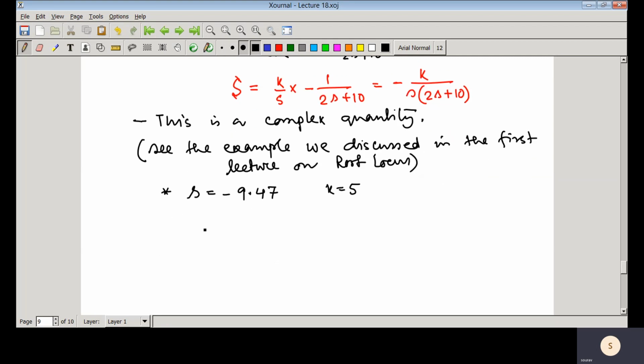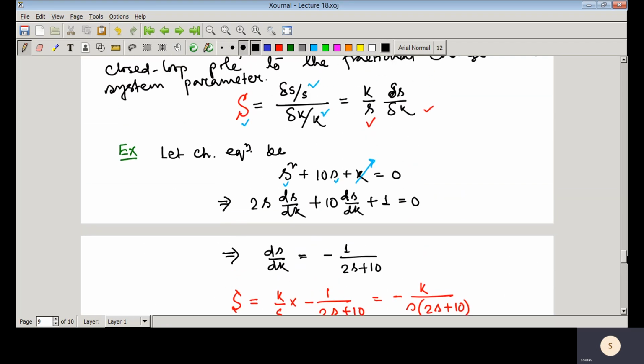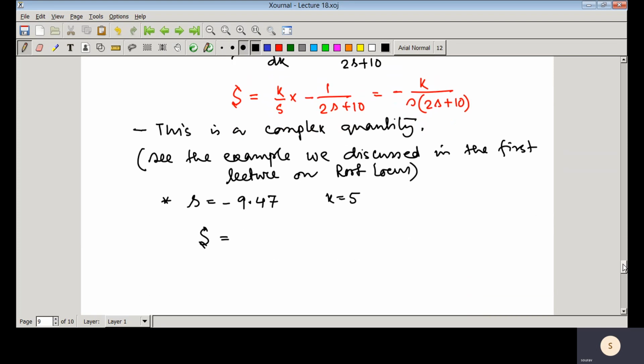Root sensitivity S is equal to K by S into del S by del K. Here K is 5, and S is minus 9.47.